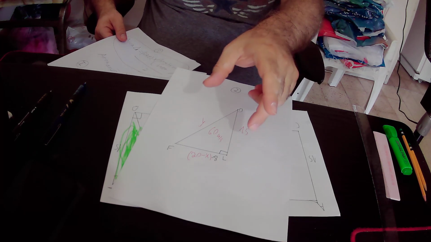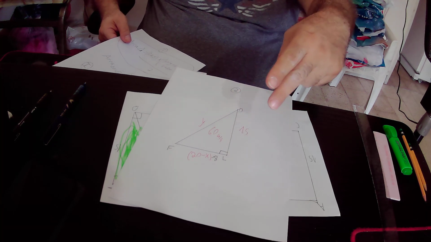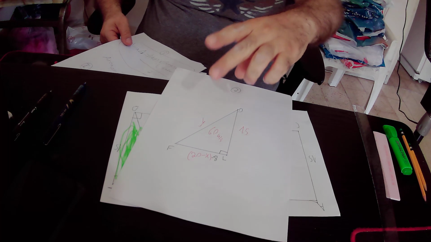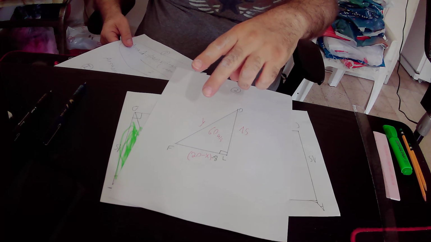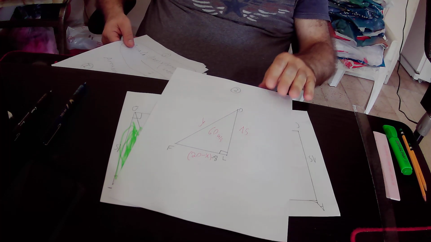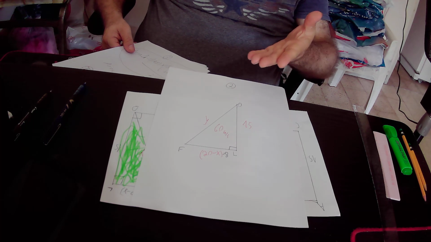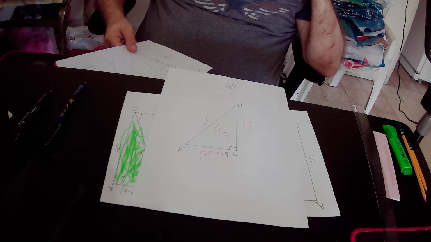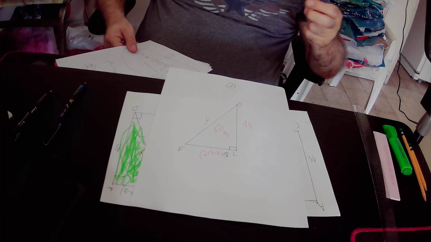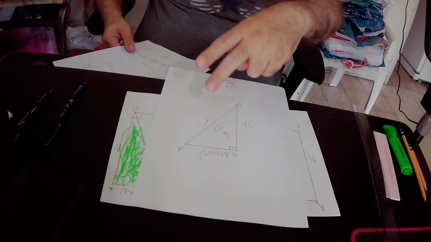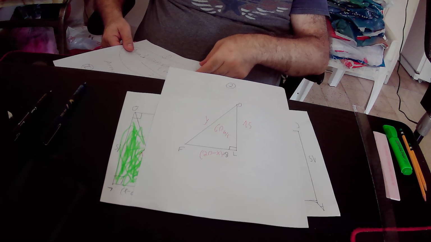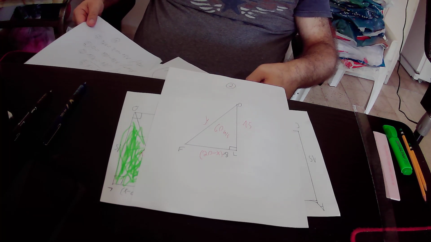So the size of FL is 8 units, the size of LD is 15 units, and the only variable left to find out is y. So we can use the Pythagorean theorem in order to find out the value of y. The Pythagorean theorem states that the square of the hypotenuse equals the sum of the squares of the perpendiculars.